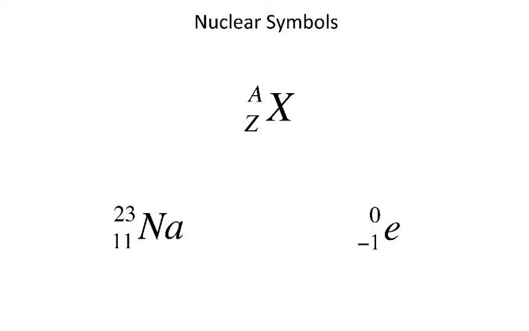When we were introduced to atomic structure, we defined the left-hand superscript as the mass number. And this told us the number of protons plus the number of neutrons.